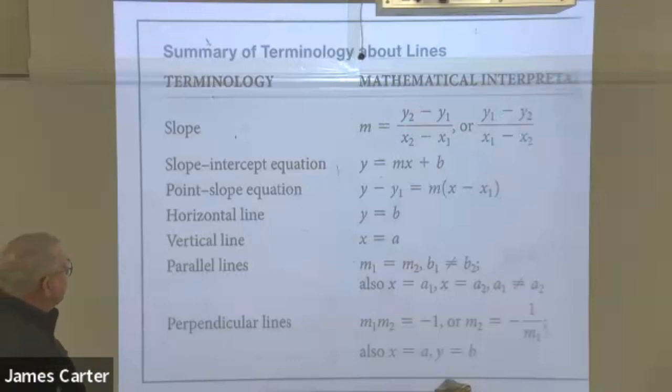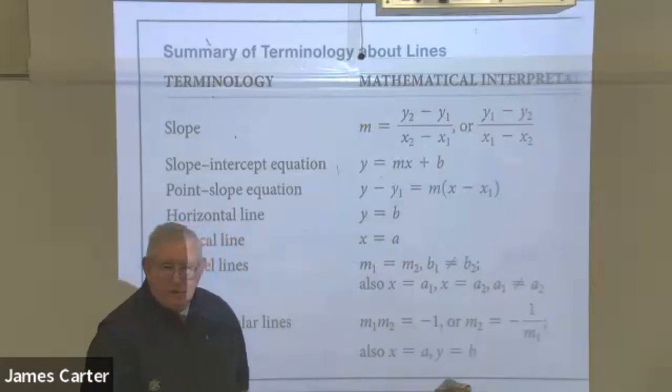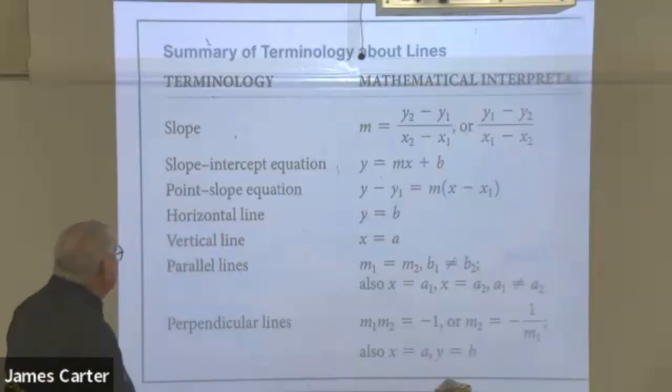Here's the slope formula. You notice I said earlier, it doesn't matter which point you start with, as long as you're consistent once you start. Here's our workhorse formula. We call it the slope-intercept equation, or just simply y equals mx plus b. M is the standard letter we use to represent slope.